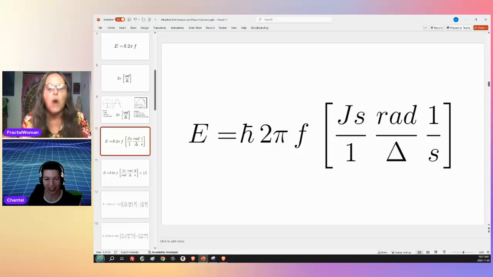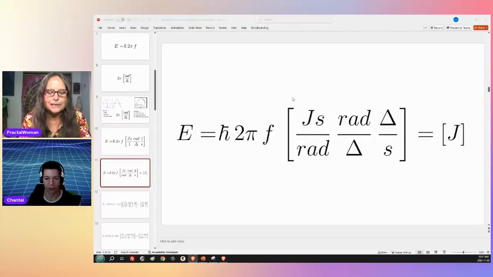One what? So I put 1 cycle here. The unit of cycles is 1 cycle, and the unit of radians is 1 radian. And now everything balances nicely: the radians cancel, the cycles cancel, the seconds cancel, and we end up with joule. So everything works out.